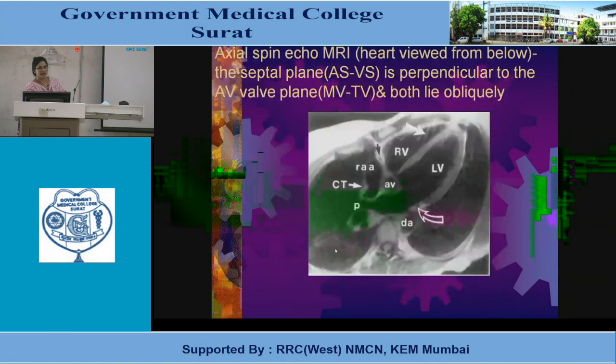Again, this shows that the interatrial and the interventricular septae are perpendicular to the mitral and the tricuspid valves, and both of them lie obliquely.